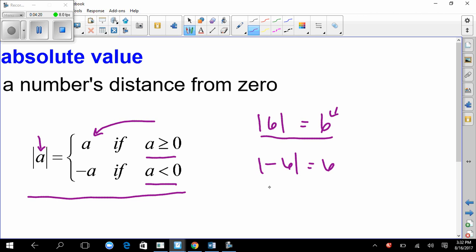In my second case, A was negative, so I would have to do -(-6), which we all know is 6. Just to clarify, if the number in the absolute value is bigger than or equal to 0, it's just that number. If the number in the absolute value is less than 0, or negative, then you have to negate what's inside.